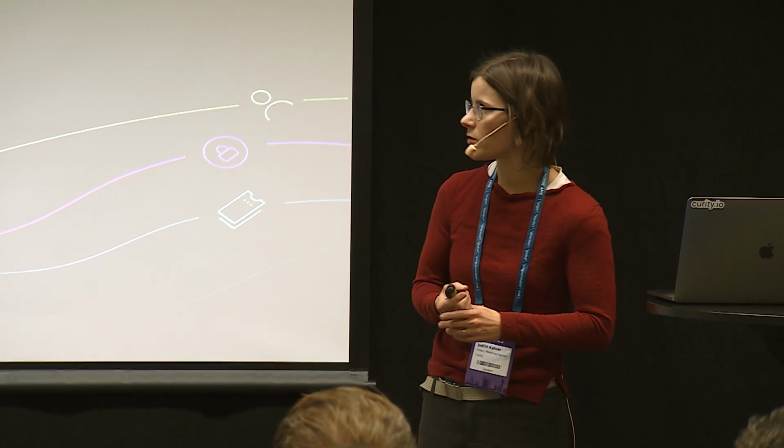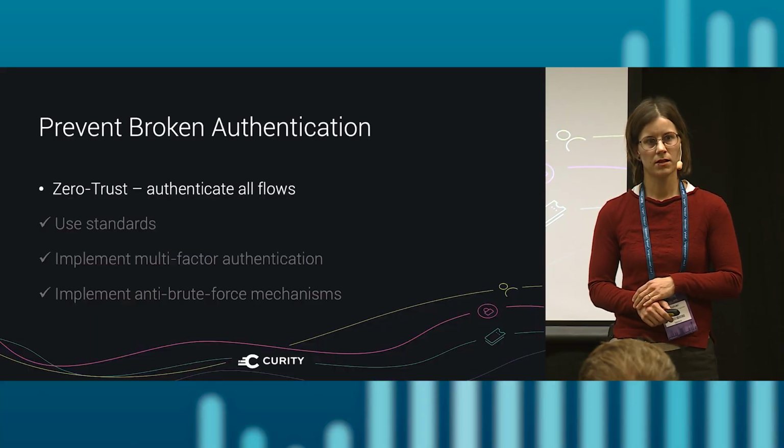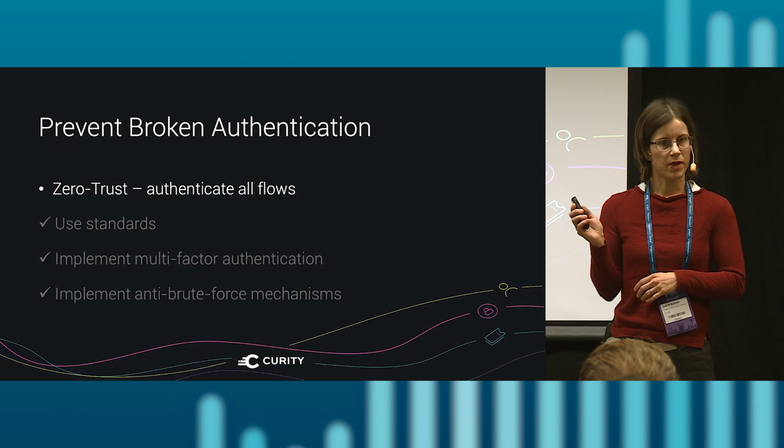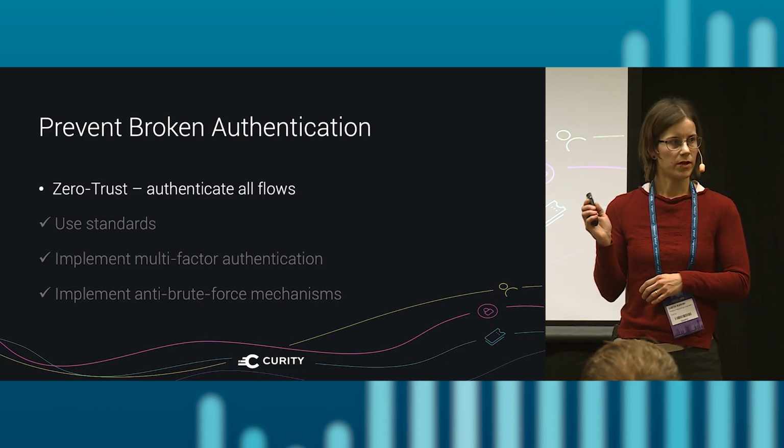If we now recall what we need to prevent broken authentication, we realize that by introducing OAuth and the authorization server, we can already check 3 items in the list, 3 at one blow. So the only thing that remains for the API is the requirement of authenticating every request.